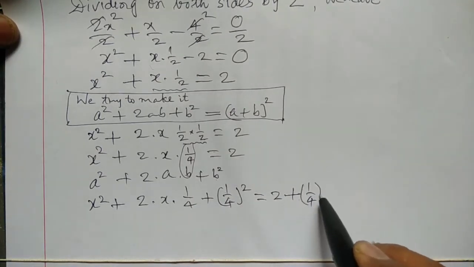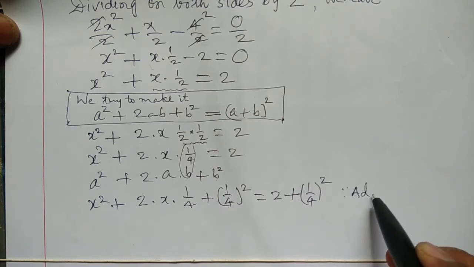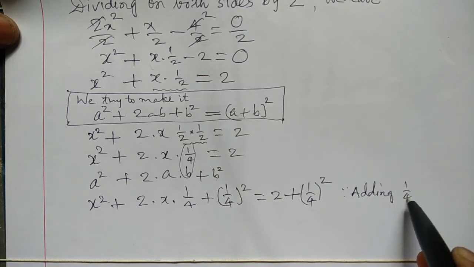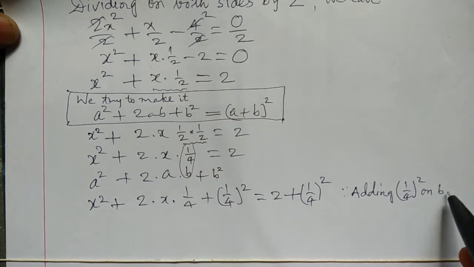So x² + 2·x·(1/4) + (1/4)² = 2 + (1/4)², because we are adding (1/4) whole squared on both sides.